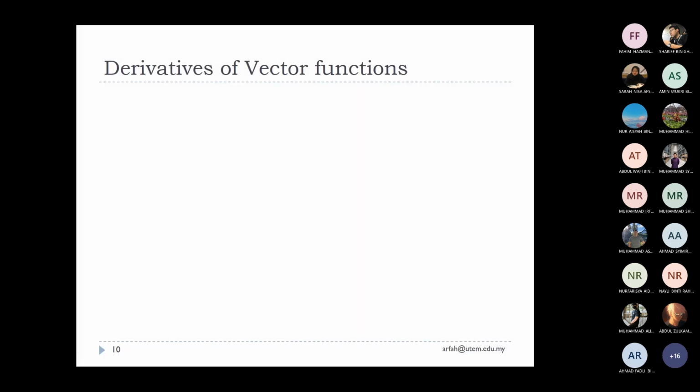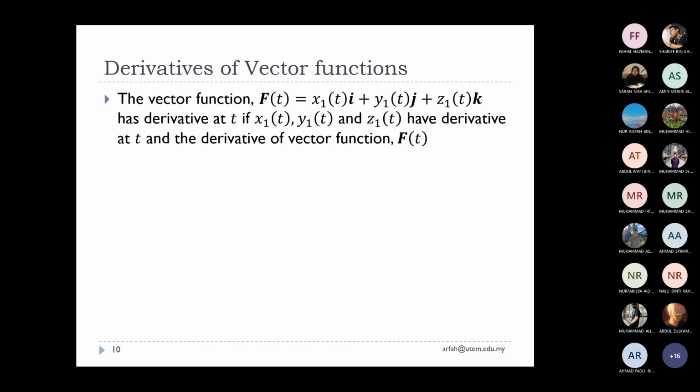So today we will continue with the derivative of vector function. So the vector function f, let's say each component of f has i, j, and k as its components, by which for each i, j, and k you have x1(t), y1(t), and z1(t). And let's say each x1, y1, and z1 is differentiable with respect to t.